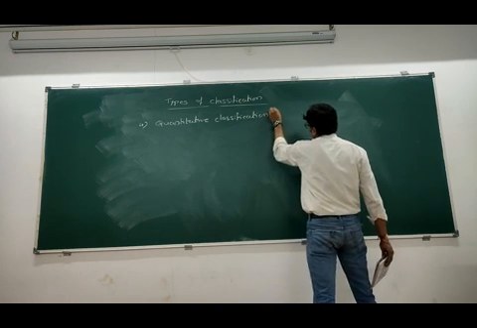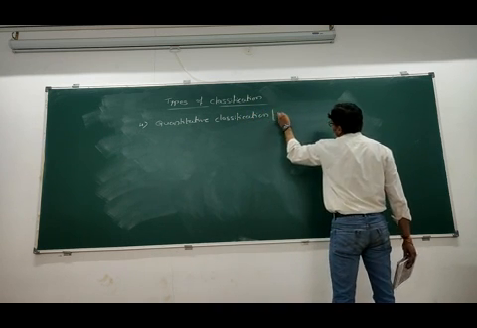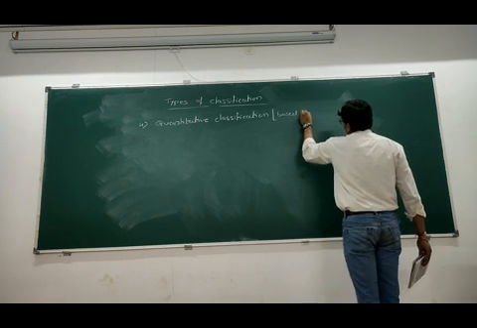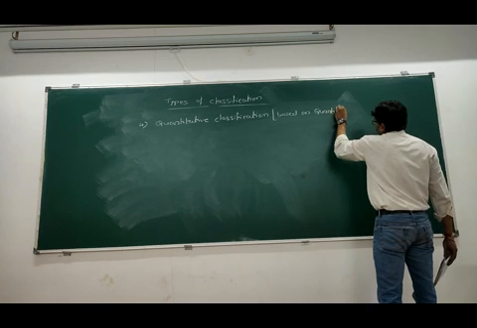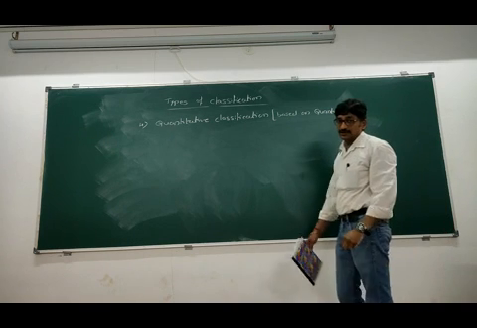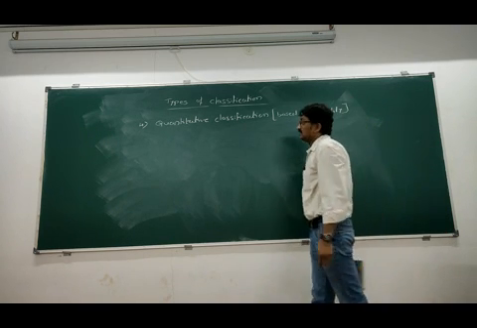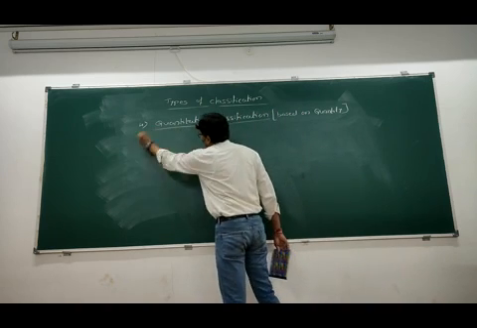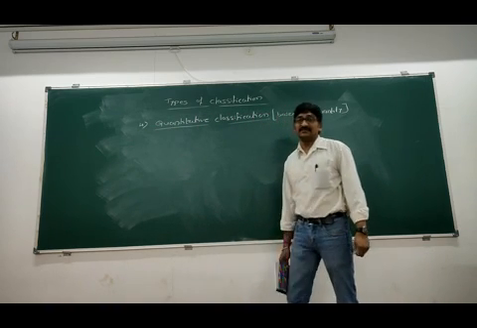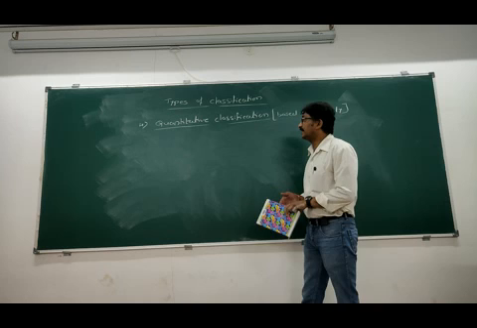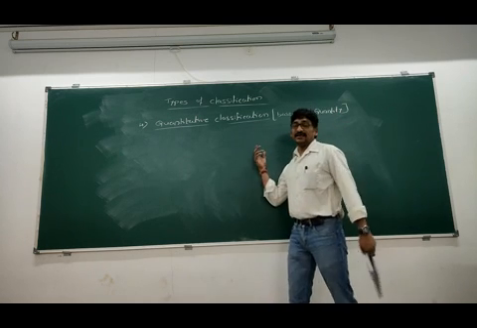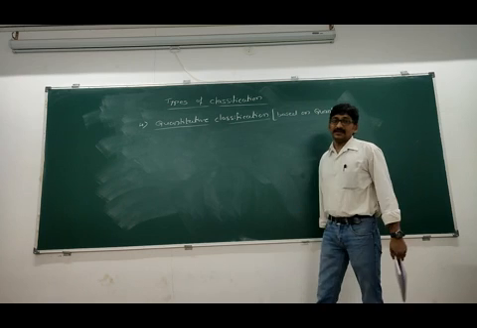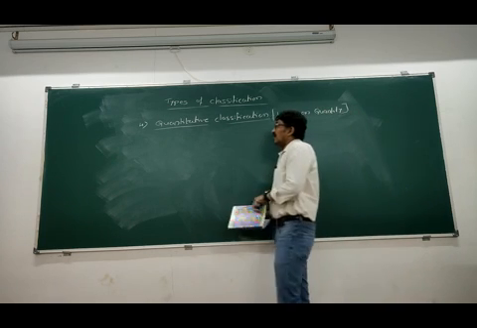Quantitative classification, I have already told you, is based on quantity. If the data or observation is classified on the basis of quantity or character of quantity, it is known as quantitative classification.